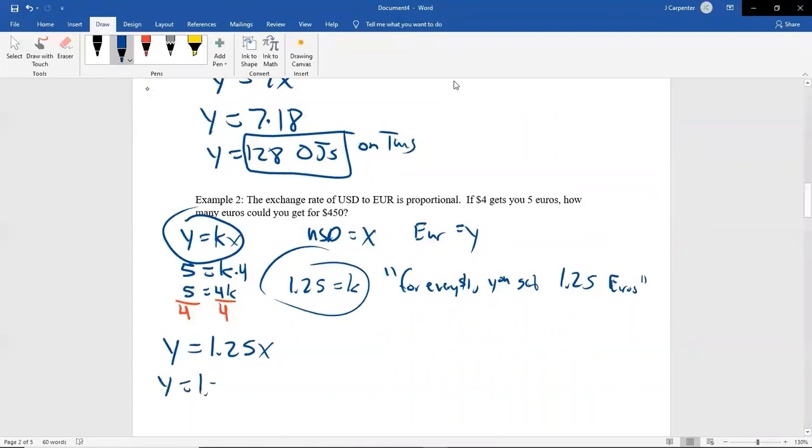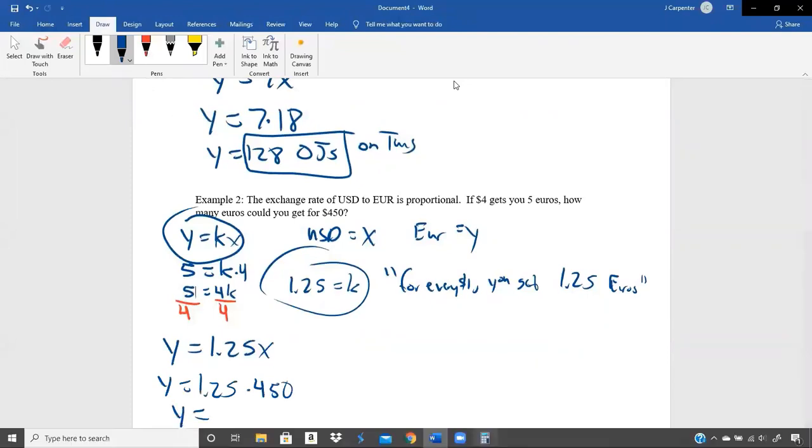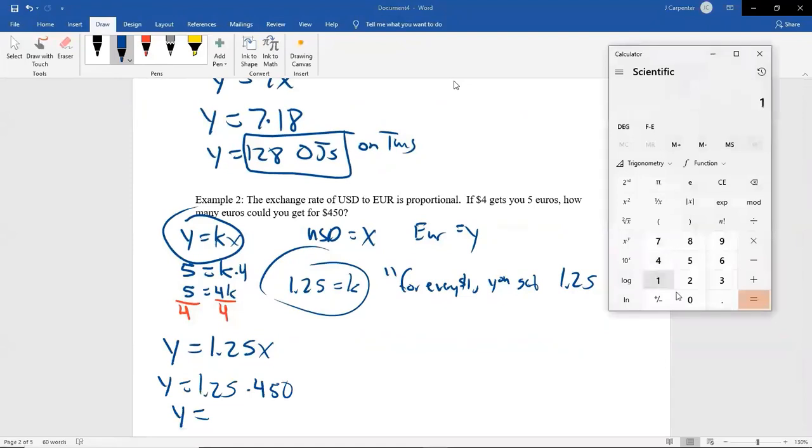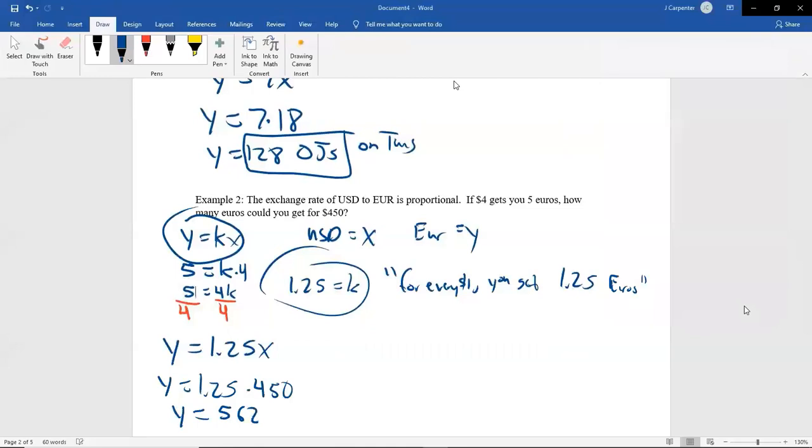But this will be y equals 1.25 times 450. And we get 562 and a half. 562.50, because we're talking money, and give the exact type of money we are talking about, euros.